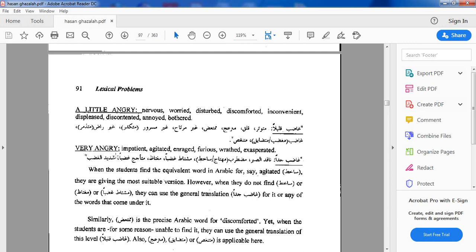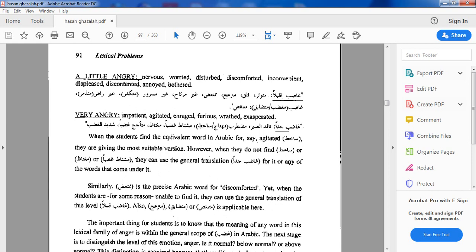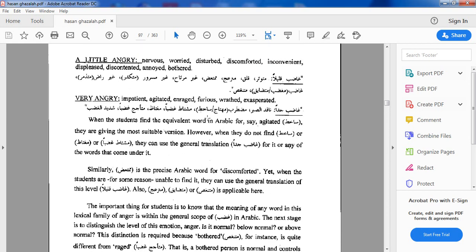If you check the word in a dictionary and you find the equivalent meaning, there's no problem. But if you don't find the exact or precise meaning, you have got some solutions.